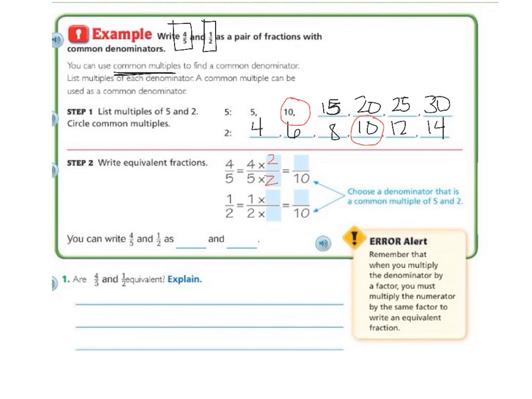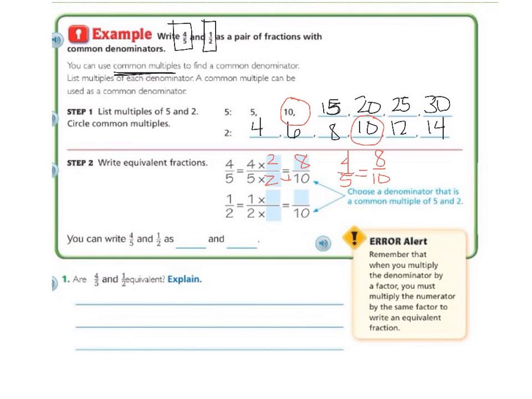So 5 times 2 is 10, and 2 times 4 is 8. So now I wrote an equivalent fraction. 4/5 is equal to 8/10. 8/10 is not simplest form, but for right now I don't want it in simplest form.